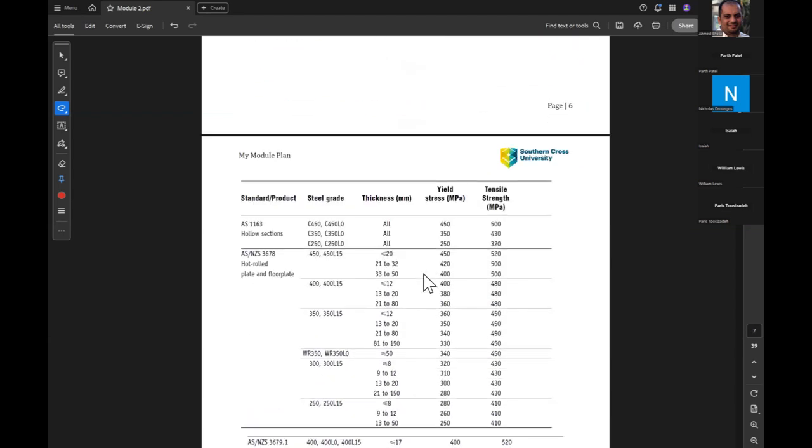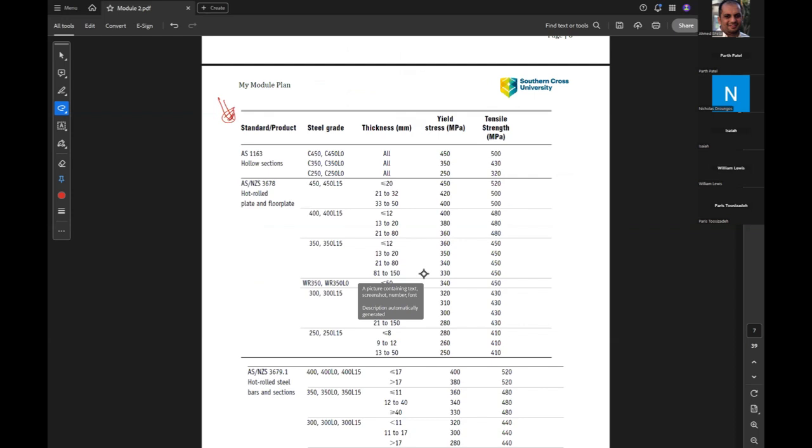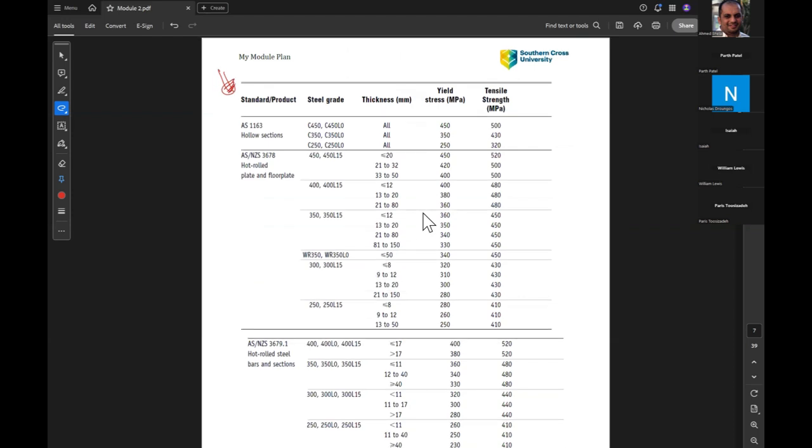This is the table of steel strengths available on the Australian market, and we have some standards for the steel types themselves. So for example, we have AS 1163 for hollow sections. We have these grades for hollow sections.